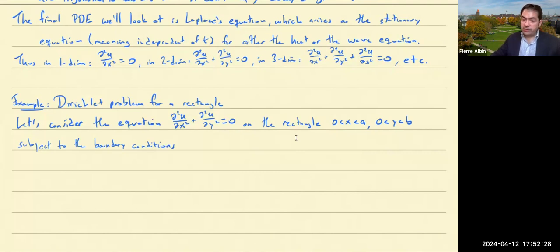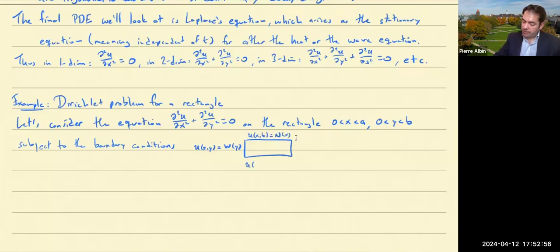So if we're thinking about the rectangle, what we want to do is, for example, at the left boundary, we want to fix some function w of y. At the top boundary, so this would be when x is varying and y is at the top, let's say that that was some function n of x.